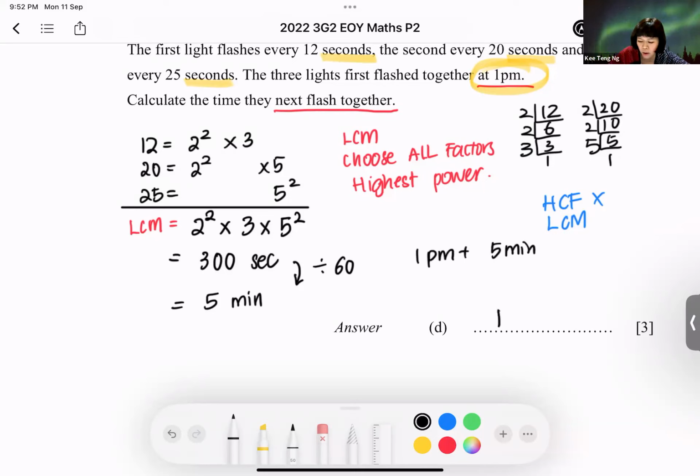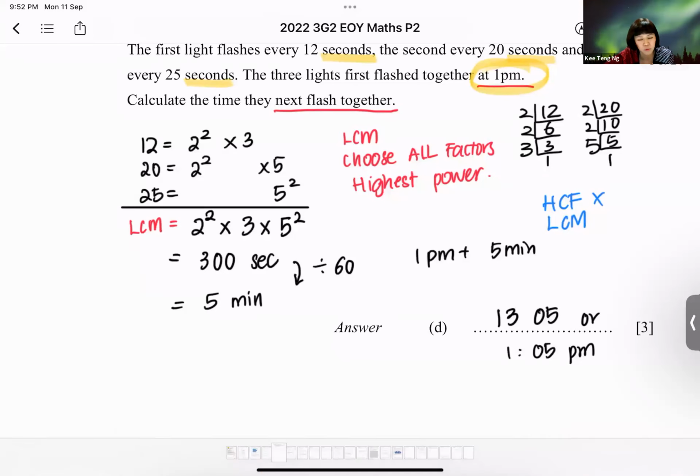I'll write 1305 in 24-hour notation, or you can write 1:05 p.m. in the 12-hour clock notation. Both answers are correct. Have you gotten the concept? Okay, yes, then we should move on to the next question.